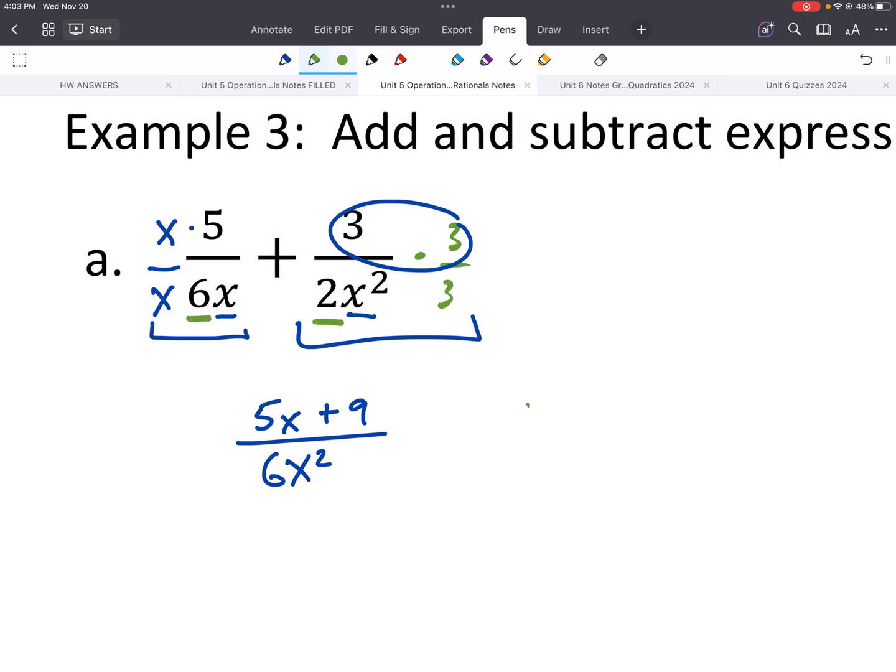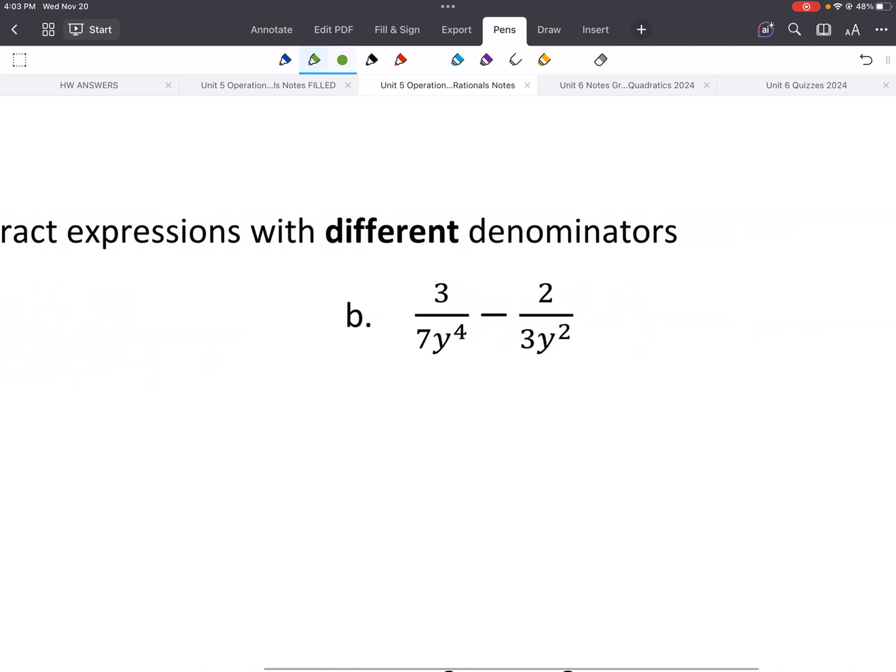Or if it's something like this, if it's multiplication, then we can cancel, right? Because the opposite of multiplication is division. Okay, so for this example that we have, we can't cancel anything. If you have any more questions about that, come and talk to me.